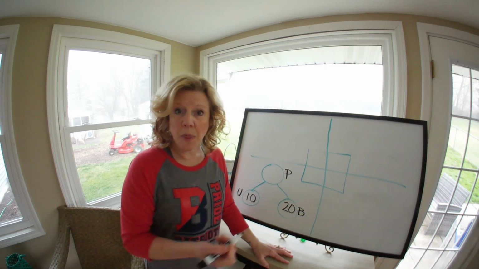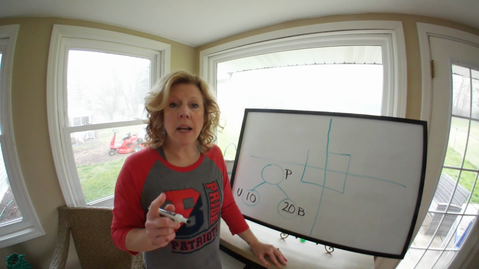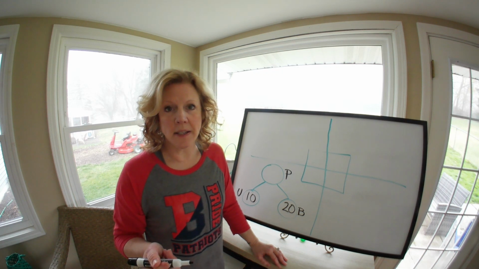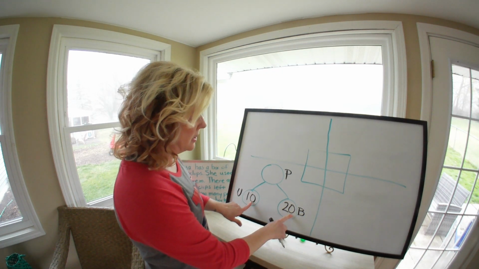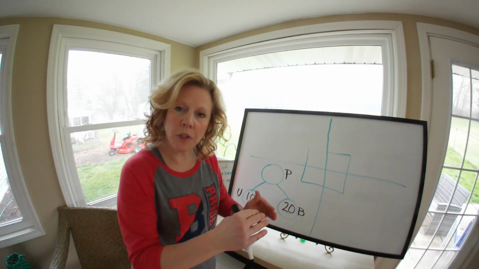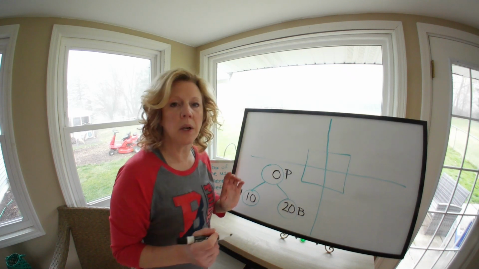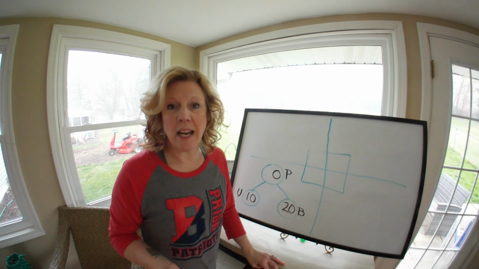So now, this should be pretty easy for you. Now yesterday in our lesson, what I showed you was we need to look at our 10s because these two numbers are the same. So that means when I add those two numbers together, I know there's going to be a 0 in the one spot. So now I just have to add my 10s.